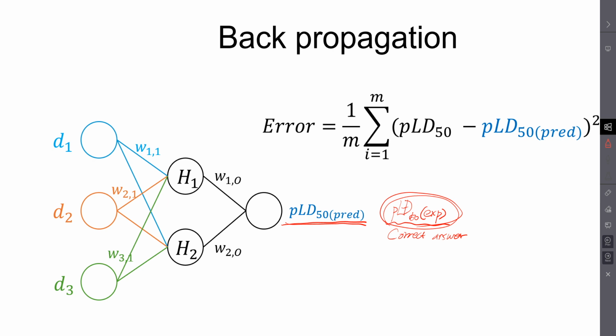So initially, errors are quite huge. When the error was calculated, this error was used to update the weight with the derivative of the error function. And then these updates were transferred to the backward. So that's why we call it back propagation.